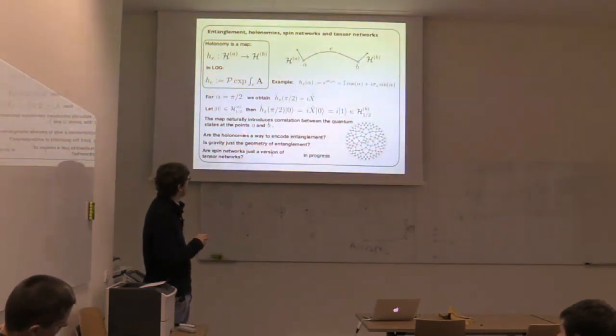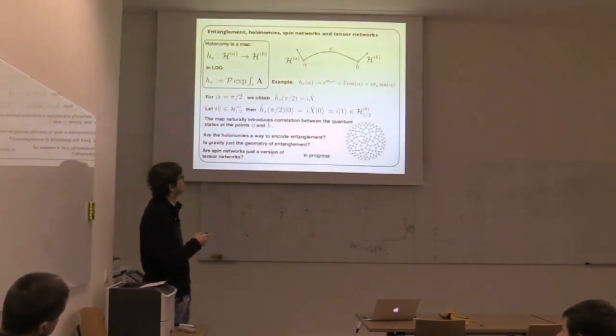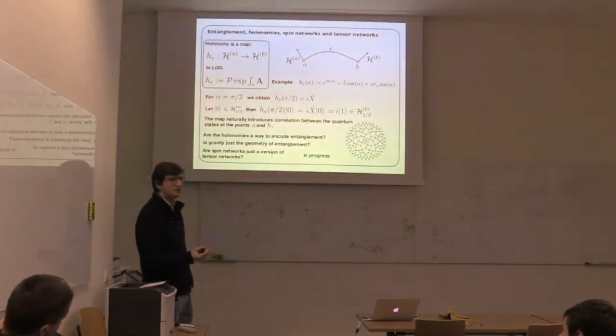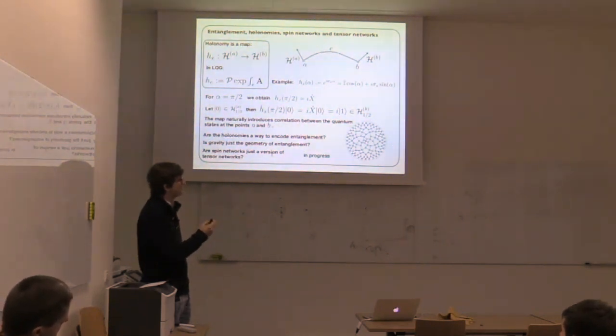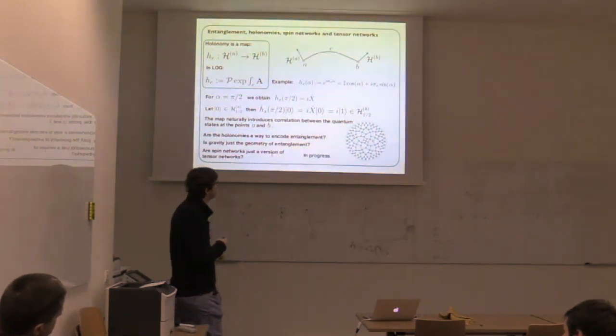And the question is whether we can use the holonomies to encode entanglement in a similar way as we do using the tensor networks, okay? Because the tensor networks are actually a geometric structure, graphs, which represent a structure of entanglement. So this is something I'm thinking about.